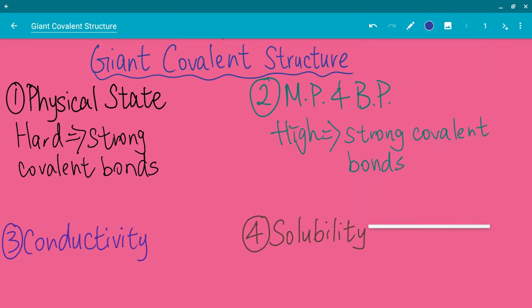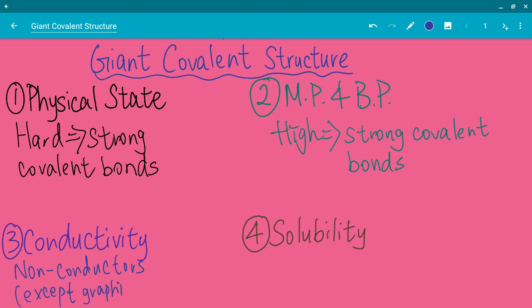How about the conductivity? They're not able to conduct electricity. They're non-conductors, of course, with the exception of graphite. Why is graphite able to conduct electricity? It is due to the presence of delocalized electrons.